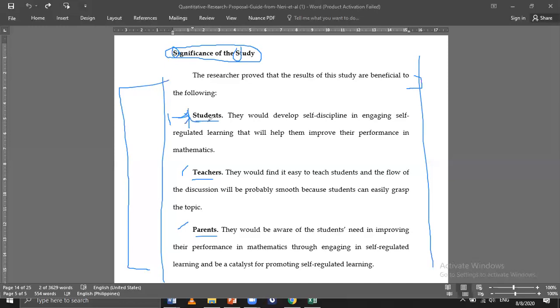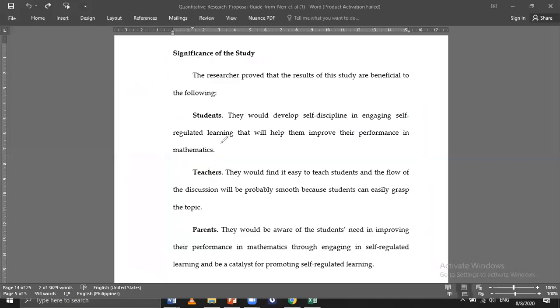Put the name of the individual or group of individuals here, first letter capitalized, then a period, then a space, and write the justification on how and why they would benefit from your study. Same on the next one: indentation or one tab, a period, space, and then the justification or explanation on why and how they would benefit from your study, and so on. Just repeat that.